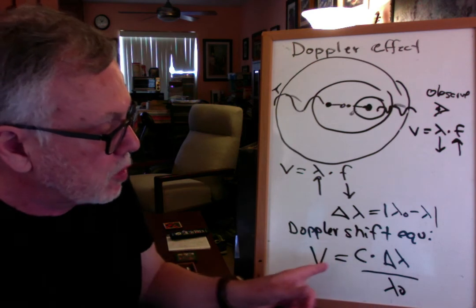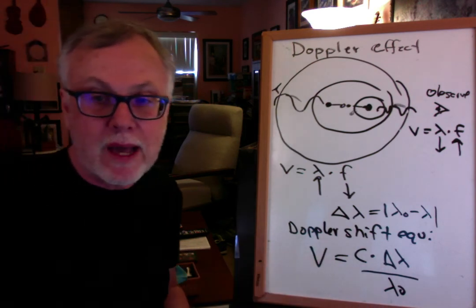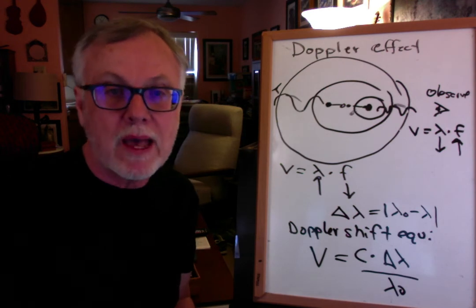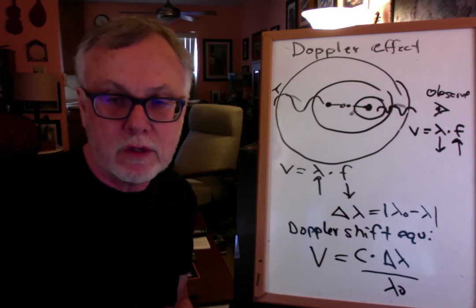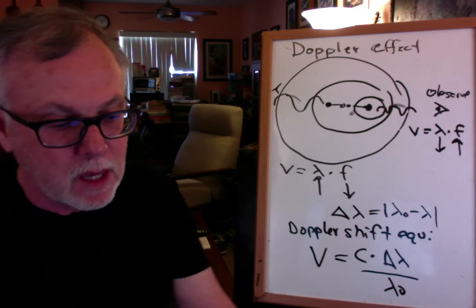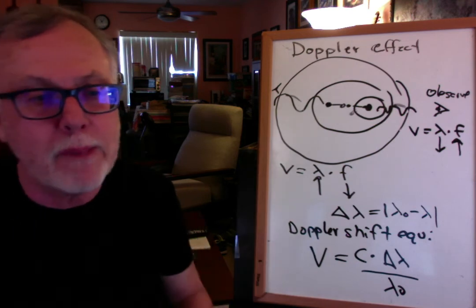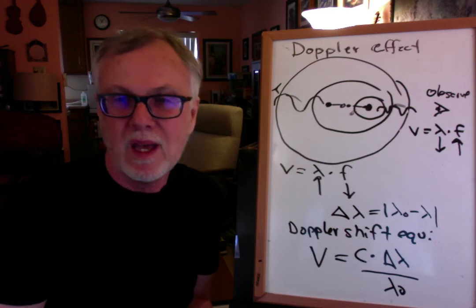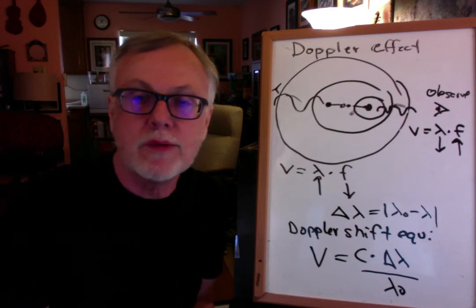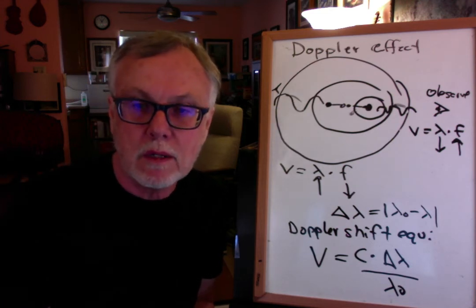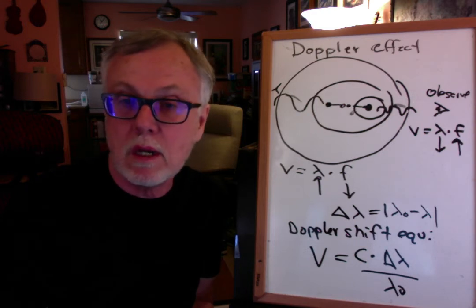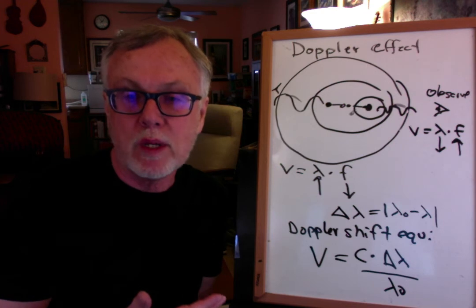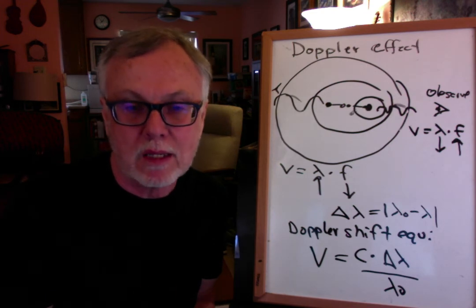When we put it in this equation, we can actually find how fast the star is moving towards us if it's a blue shift, or how fast it is moving away from us if it's a red shift. And so now, because of the Doppler effect, several things are true. By looking at the light of a star, we can see the star and get a sense of its characteristics by looking at it.